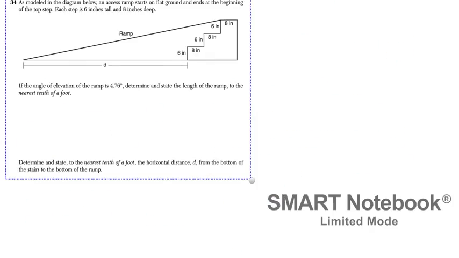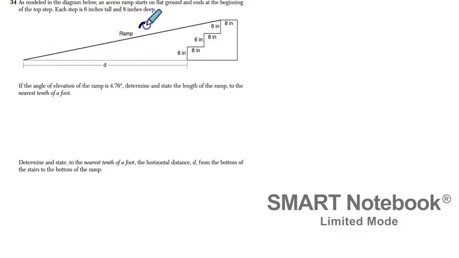Number 34. All right, number 34. First thing we want to do is determine and state the length of the ramp. So we're trying to figure out this length right here. We've got a nice little right triangle.